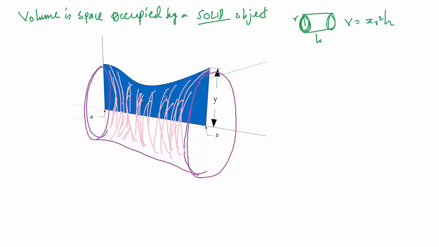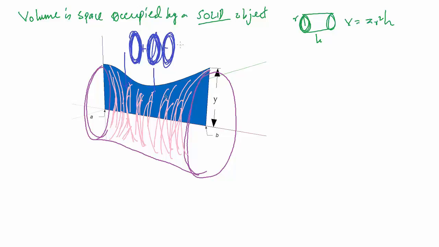So how do we find the volume of that solid? We slice it up into small discs, and we take many discs and add up the slices, just like we add up the areas.